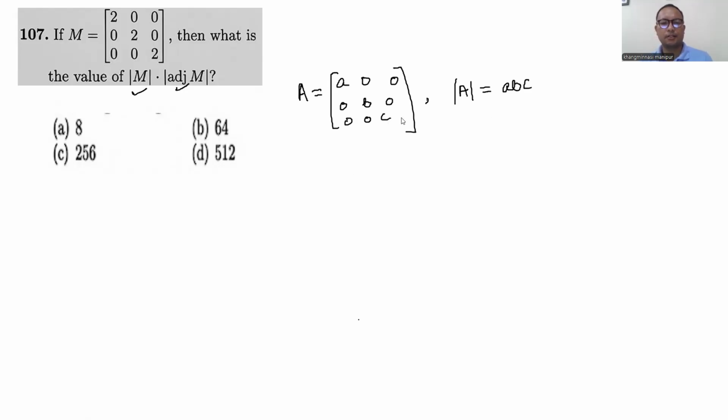Now how do we find the determinant of M into adjoint of M?